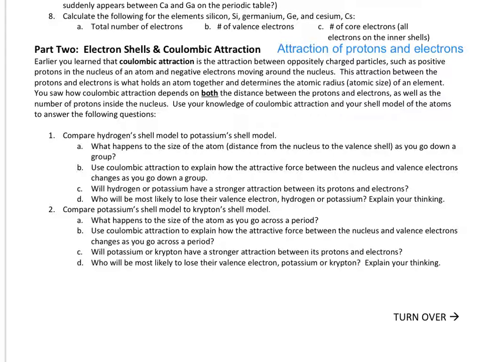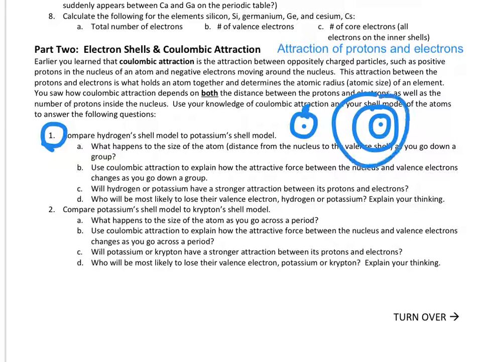So in part 2, we were comparing different elements in the same column versus the same row. For example, in number 1, we were comparing hydrogen's shell model with potassium's shell model. Hydrogen has just one ring with his valence electron, and potassium has 4 rings with its valence electron.